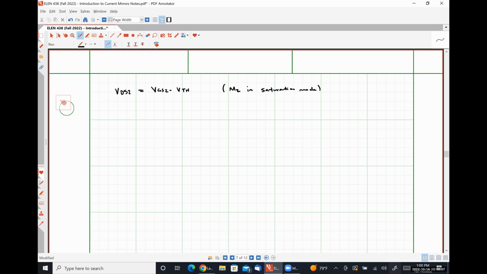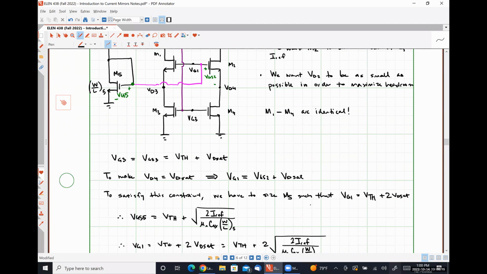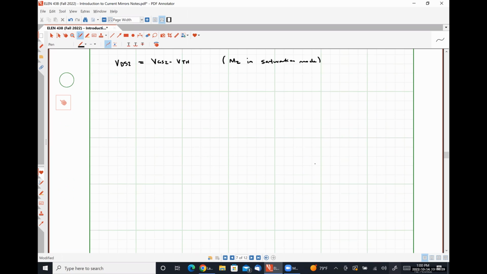This keeps M2 in the saturation, okay? Well, VDS2, let's scroll up here, is simply equal to VD2 minus VD4 because the source of transistor M2 is connected to the drain of transistor M4, right?